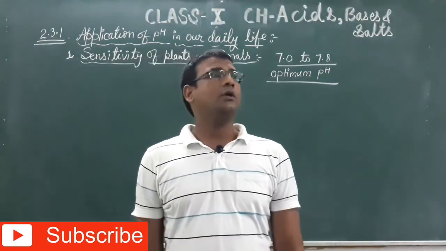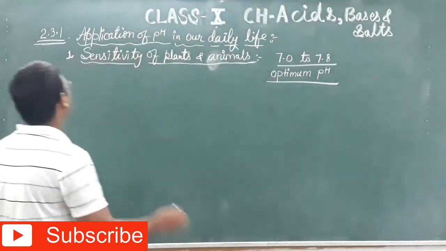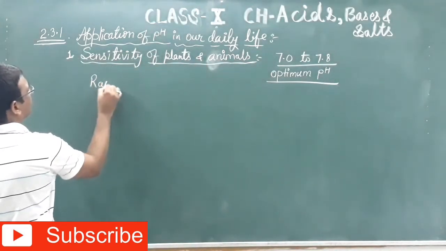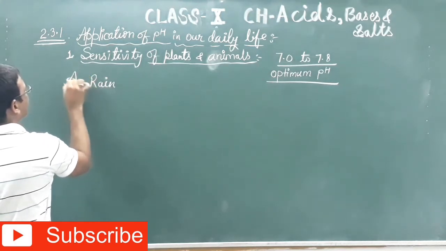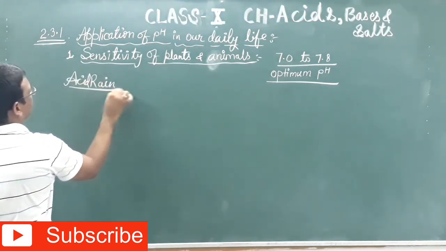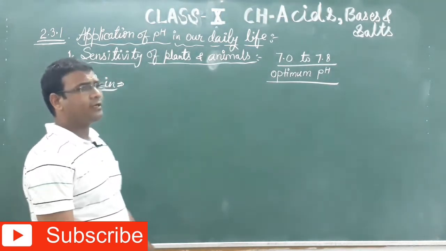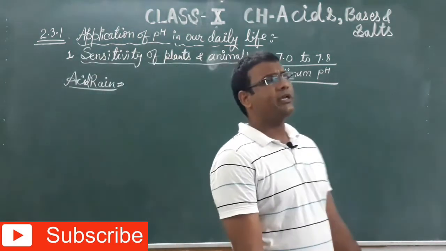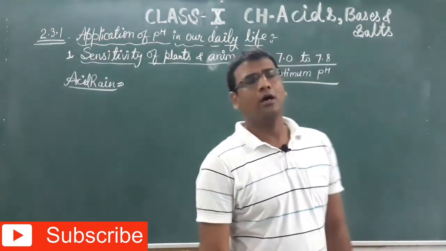Now, sometimes you hear one word, acid rain. Simply when it is raining, the pH of that water is around 7.